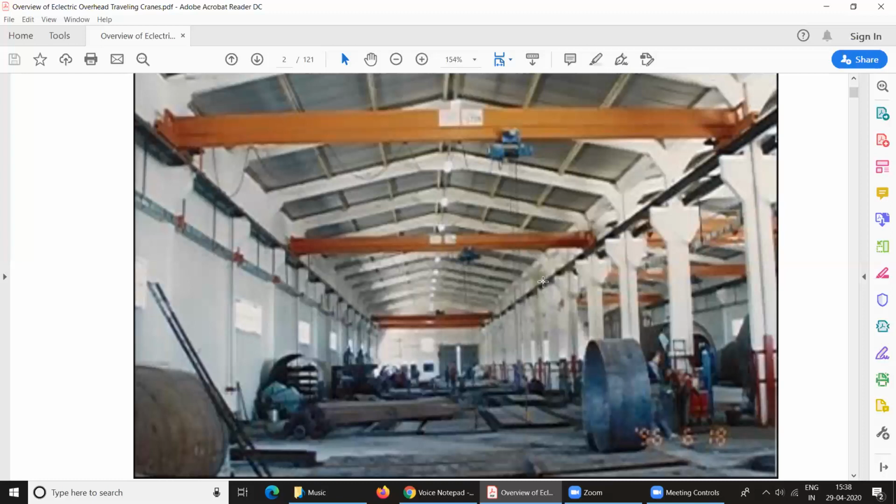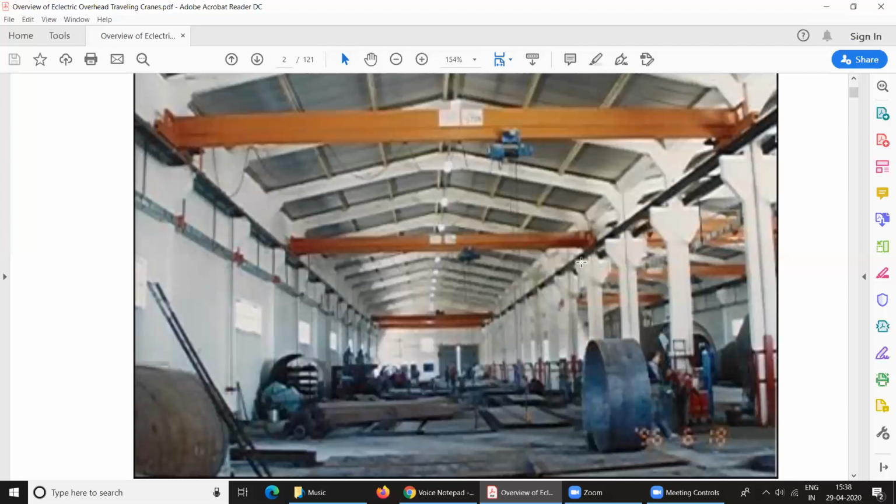The mechanism employed for rotating the boom is called the slewing mechanism. Usually three different types of swivel mechanism are used. Number one, the crane superstructure revolves together with the pillar or column which is mounted on bearings.